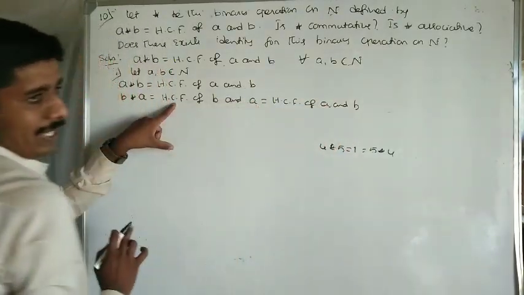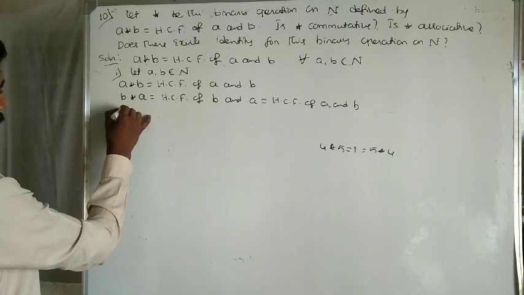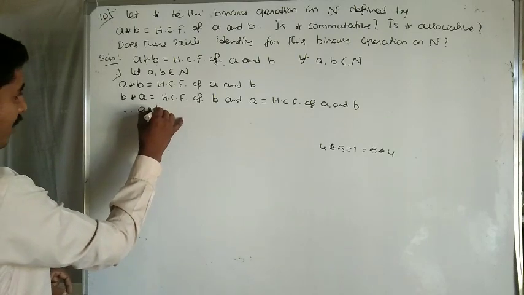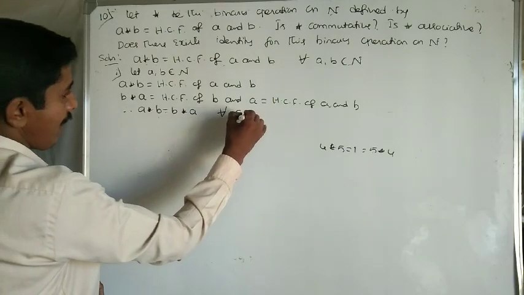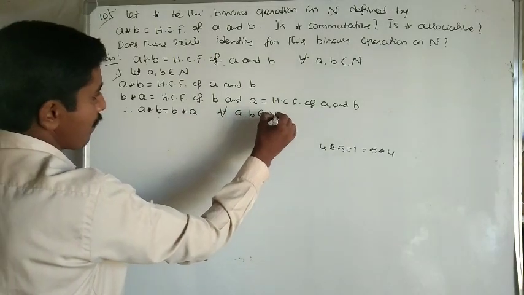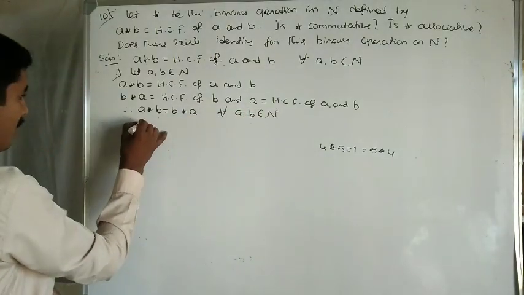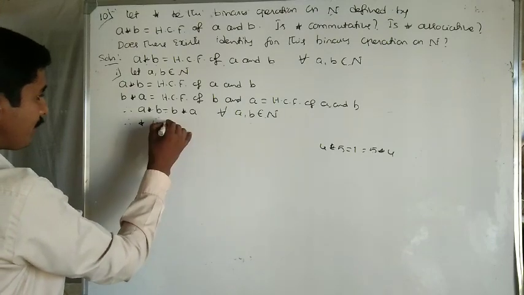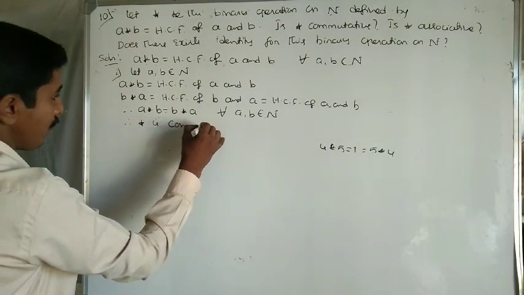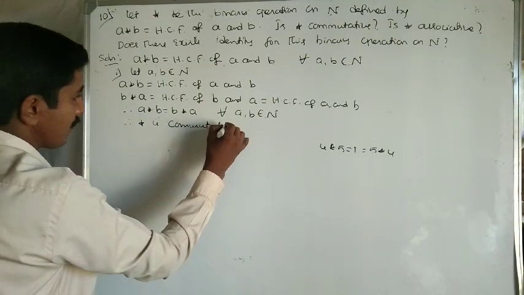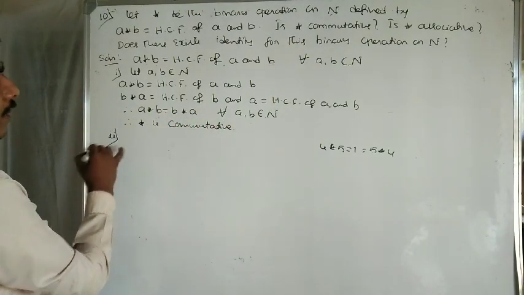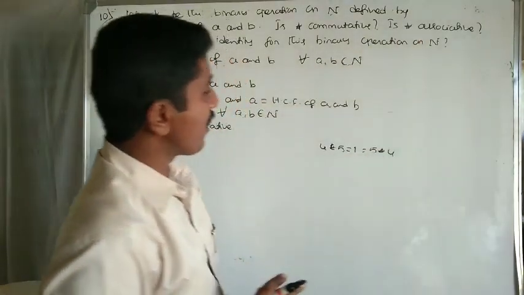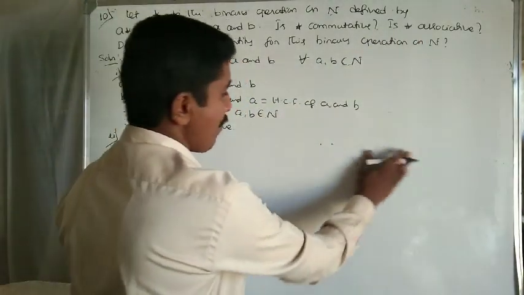Both are equal. Therefore a star b equals b star a for all a, b belonging to N. Therefore star is commutative.